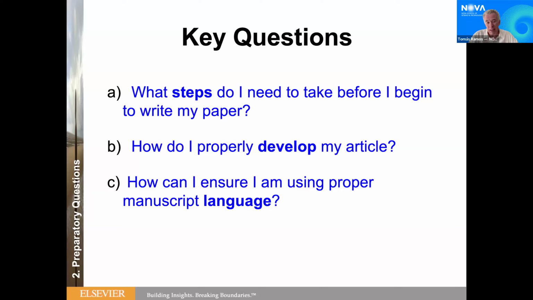I mean, you can be a native speaker, and the result of writing a scientific paper sometimes is not good enough. I mean, the languages could be different. So be careful. We need to understand, that's the key word, to understand the scientific language that is used for scientific articles.